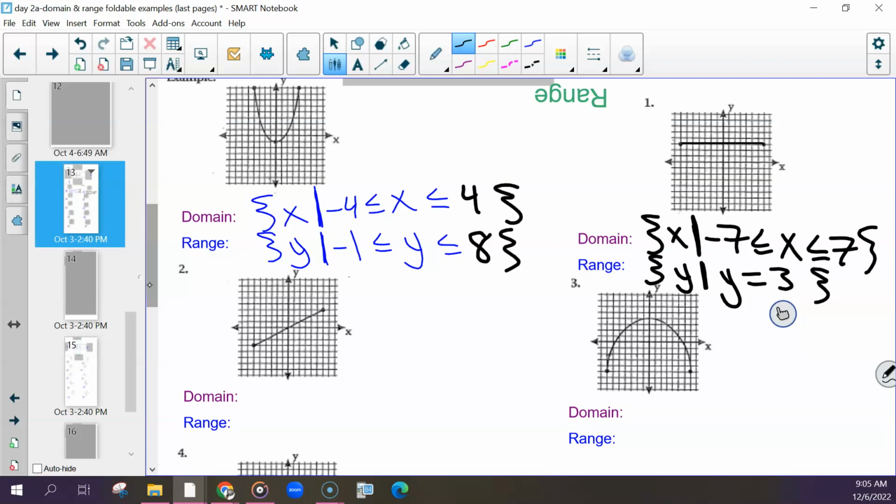So this little sheet that we're doing will be nice when you have to do domain and range practice. You can use this as a reference sheet on all your domain and range problems.